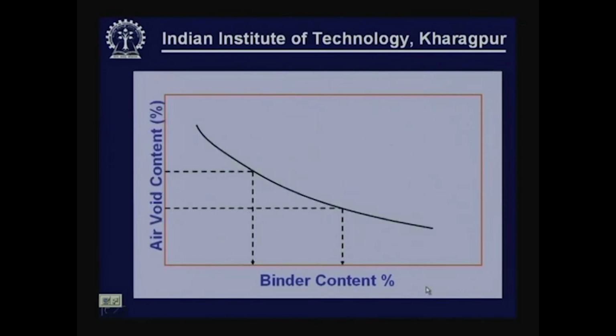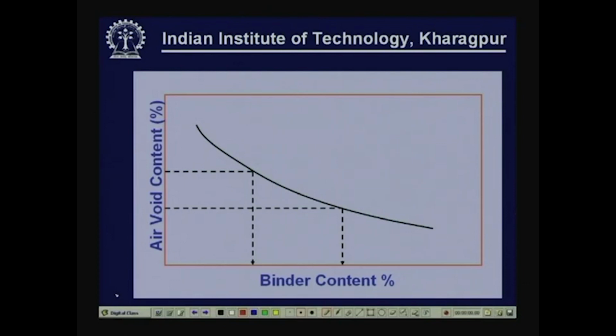And this is how the air void content is going to vary with binder content. As the binder content is increased, air void content decreases. In the case of air voids also, the specification will normally be in terms of a range, and we can identify the corresponding binder content within which the given range of air void contents can be obtained.